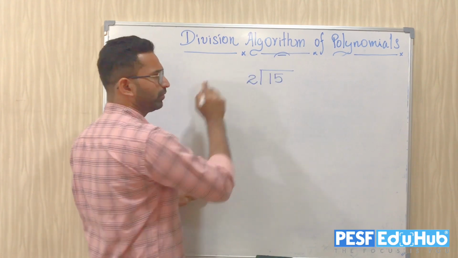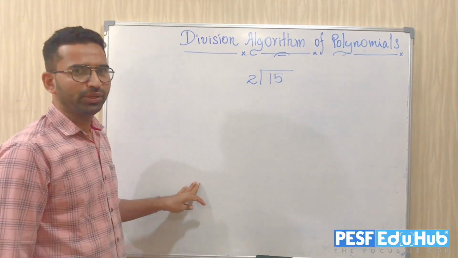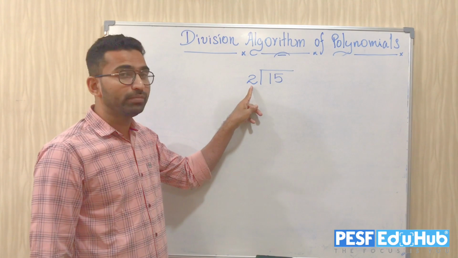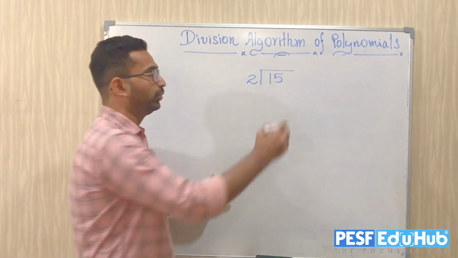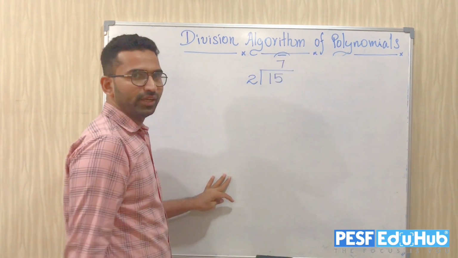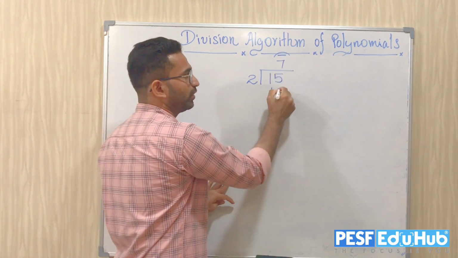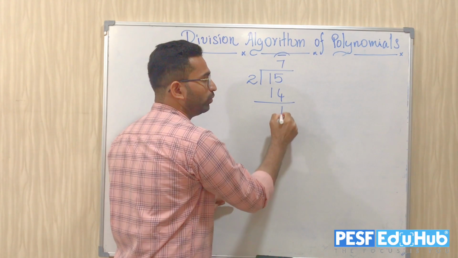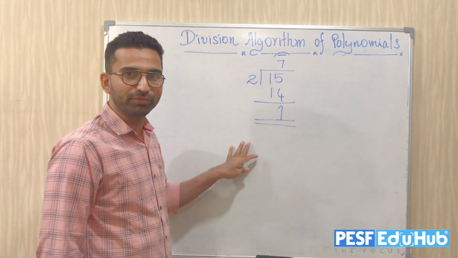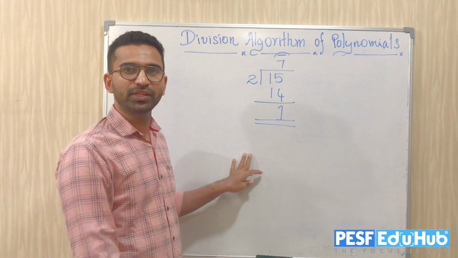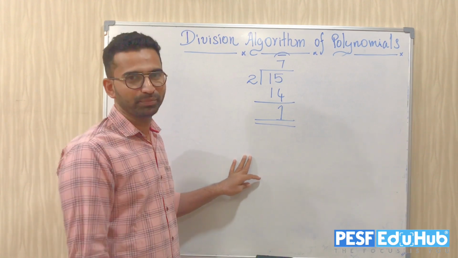How will you divide? You are going to see how many times 2 you can get from 15. You know that 7 times, right? Because 7 into 2, I know it is 14 only. So there will be a remainder, right? If you know this thing, my dear friend, your 50% of mark is saved there.